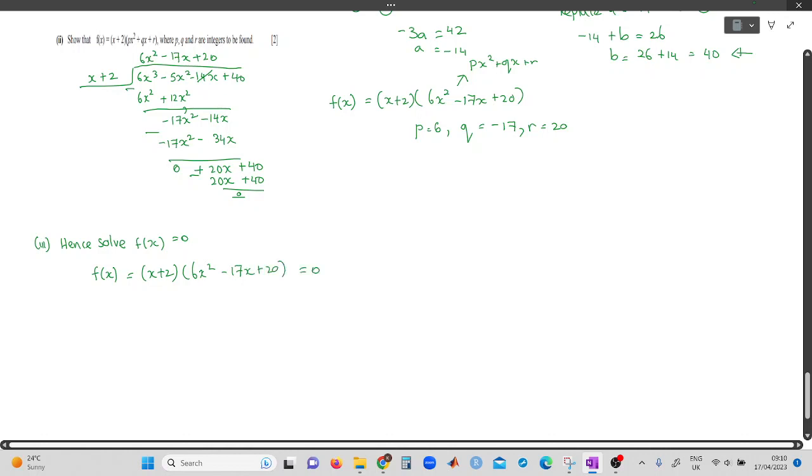And put it equal to 0. Okay? And let's try if we can factorize further 6x squared minus 17x plus 20.